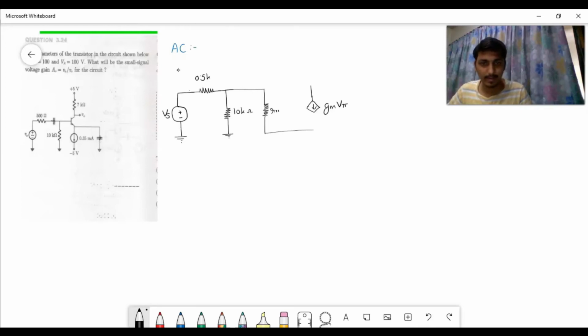This is nothing but r pi, and here it will be grounded. All the DC parts will be grounded.